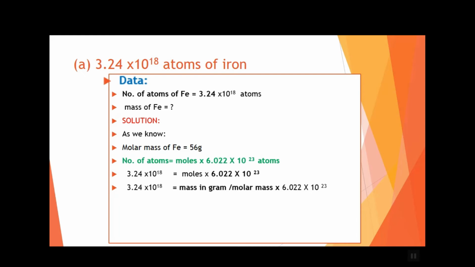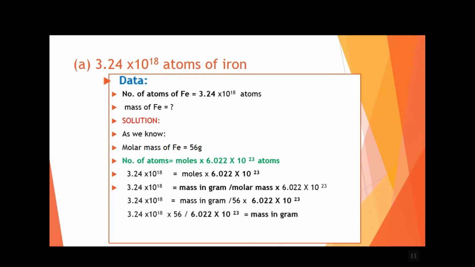Now students, what is the next step? Yes, 3.24 exponent 18 is equal to mass in gram, because we don't know, divided by molar mass, because molar mass of iron is 56, multiplied by 6.022 exponent 23. Now students, to get the mass in gram, here 56 is dividing by mass, but on the other side it will multiply with the number of atoms, and Avogadro number here is multiplying with the mass in gram, but on the other side it will divide with the number of atoms.